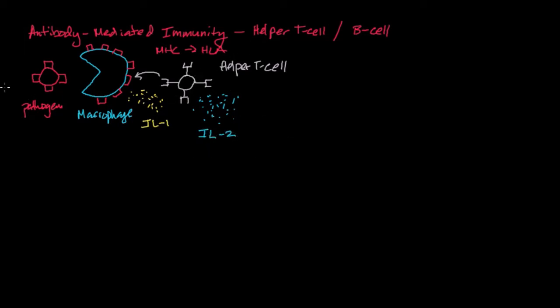And interleukin-2 is going to attract a new type of lymphocyte. Since we're talking about antibody-mediated immunity, this new lymphocyte that it attracts is called a B cell. If you notice, this B cell has a specific receptor for that particular antigen.